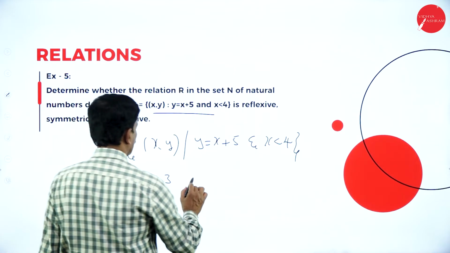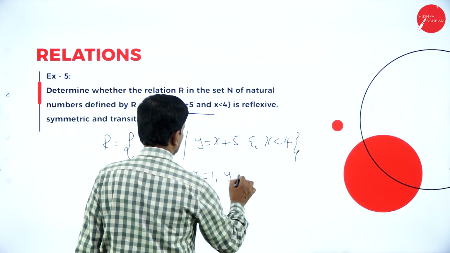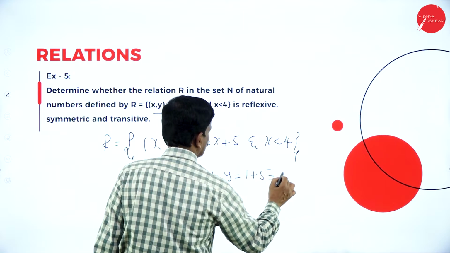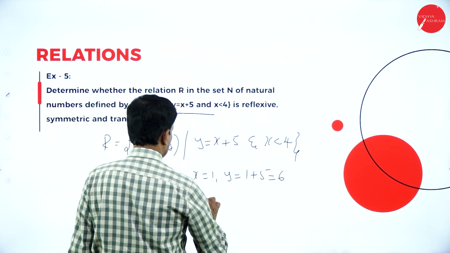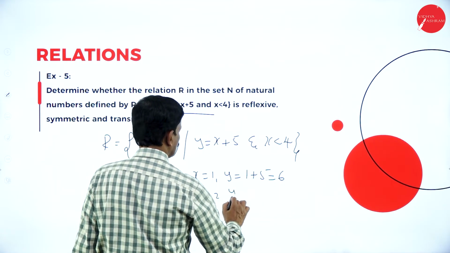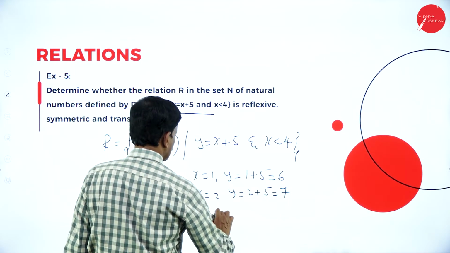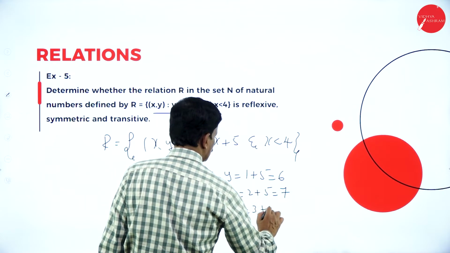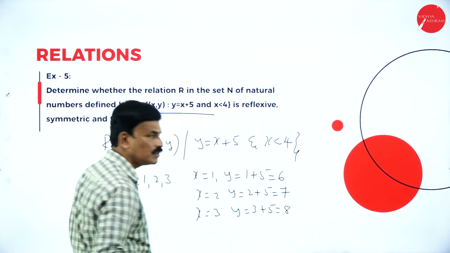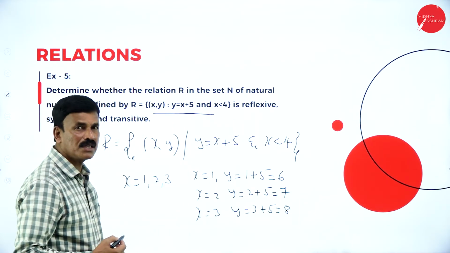Then what are the values of y? When x = 1, y = 1 + 5 = 6. When x = 2, y = 2 + 5 = 7. When x = 3, y = 3 + 5 = 8. So what are the elements of the relation?